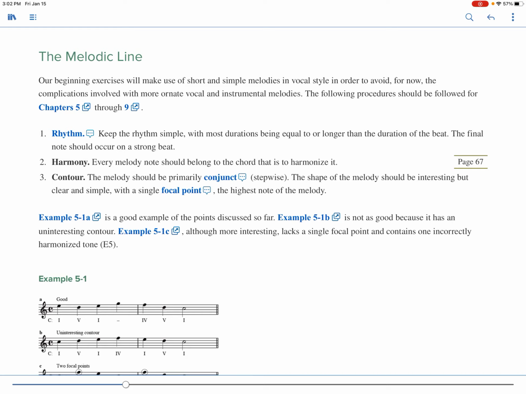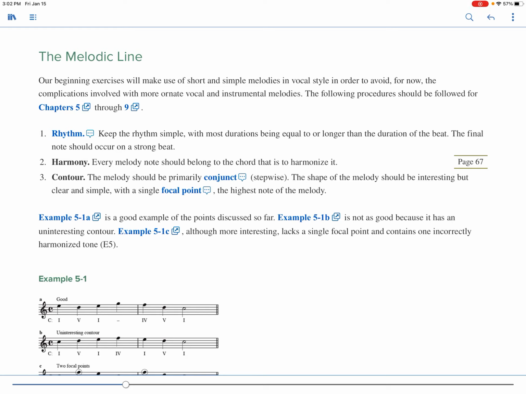But we want to avoid excess leaps. We want something that's very stepwise. Of course, I had a couple of little leaps in there, but something that's tuneful is generally going to be conjunct.